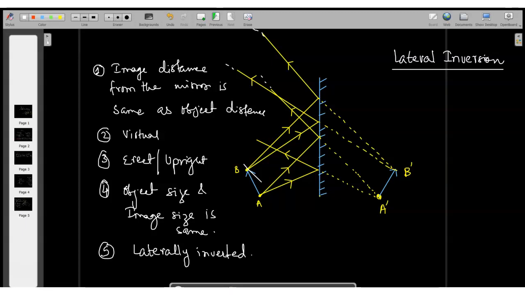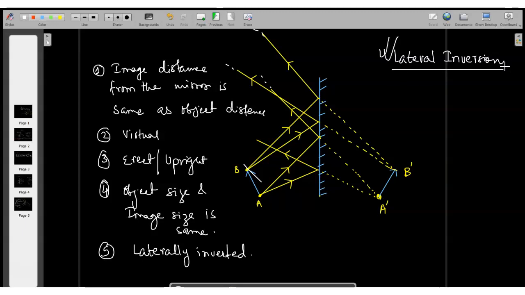If you raise your right hand, you see that the image is raising your left hand. And if you raise the left hand, you see that your image is raising a right hand. So right appears left, left appears right. This phenomenon is called lateral inversion.